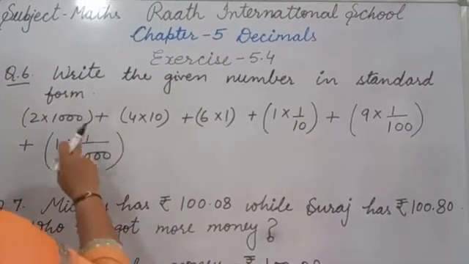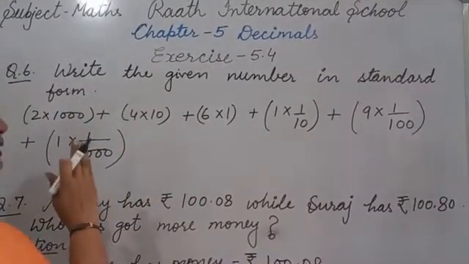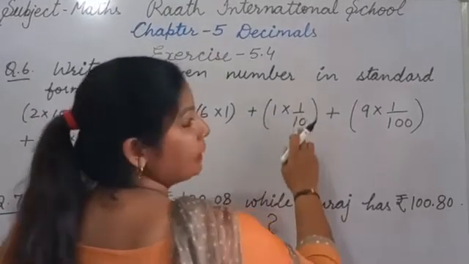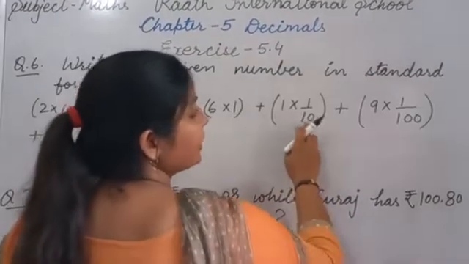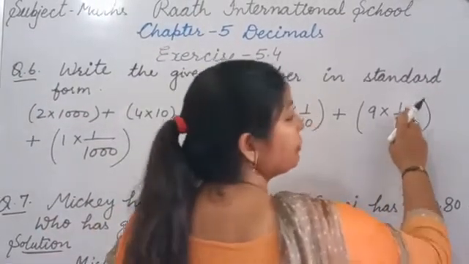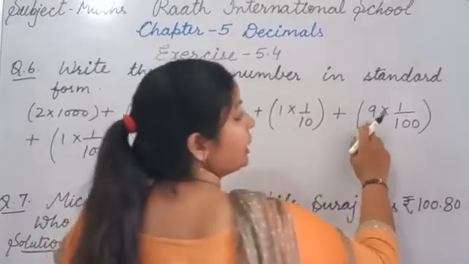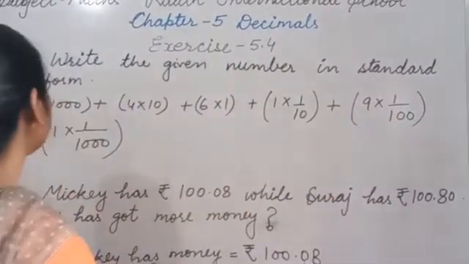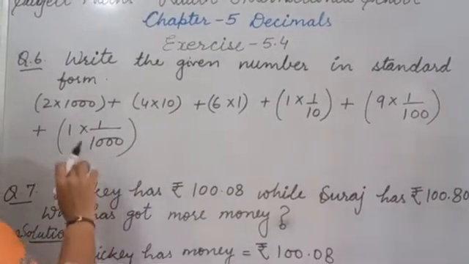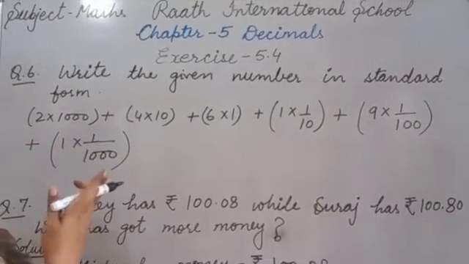There is no 100 place, so that is missing, so we should make that a 0. Then plus 1 into 1 upon 10, meaning 1 on the tenth place. Plus 9 into 1 upon 100, so 9 on the hundredth place. Plus 1 into 1 upon 1000, that means 1 on the thousandth place.